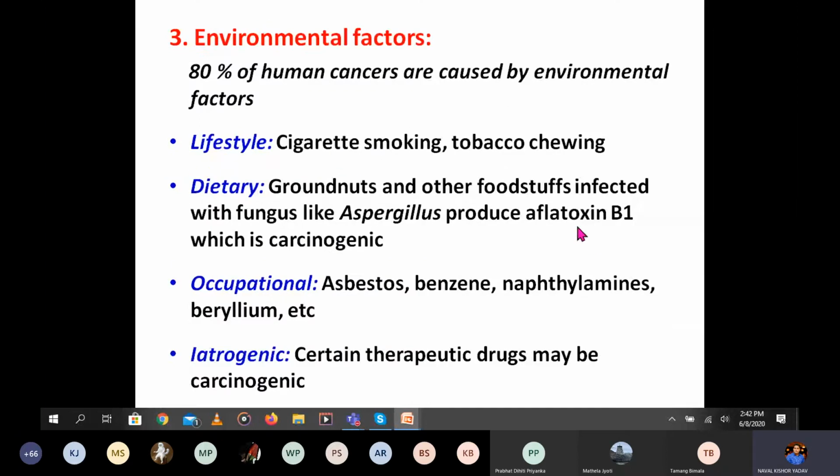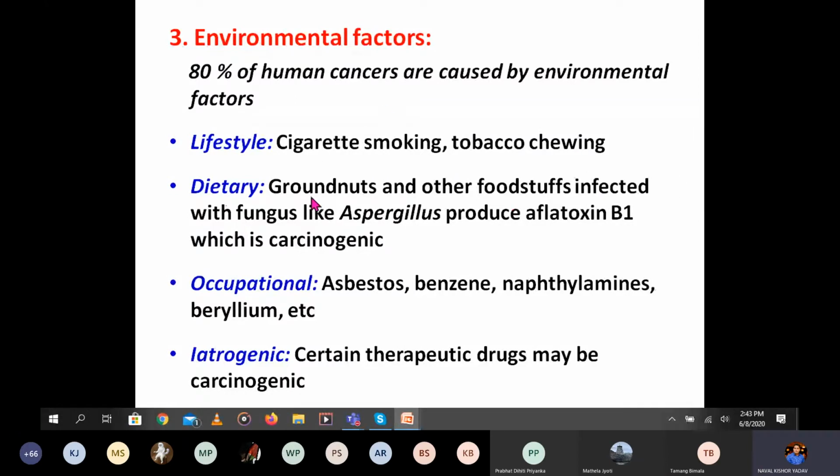The third one is environmental factors. More than 80% of human cancer is caused by environmental factors. This is the major predisposing factor which helps in the development of cancer. Examples are lifestyle, dietary habits, and occupations. Lifestyle examples are cigarette smoking and tobacco chewing. These are our habits during lifestyle, which are contributing factors for the development of cancer.